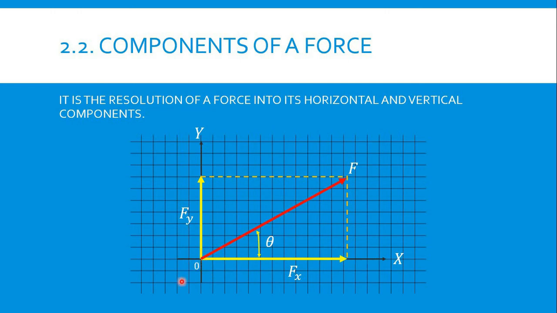The horizontal line in the x-axis is F of x, or force in the x-axis. The red arrow is the total resultant force of F of x and F of y, and this arrow here is the angle of inclination, which is the angle between F of x and the resultant.